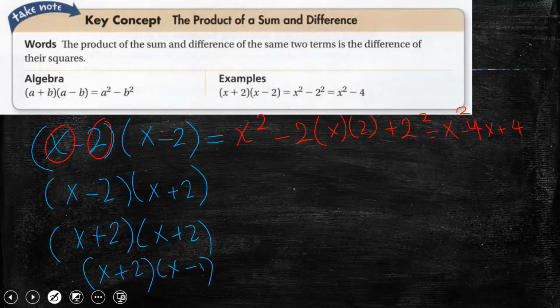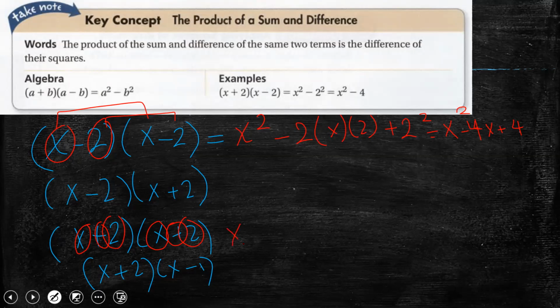This is for x minus 2 times x minus 2. The same term, look here: x, 2, 2. Look down here: x, 2, 2, plus, plus. So I will go to the rule of the square of the binomial.